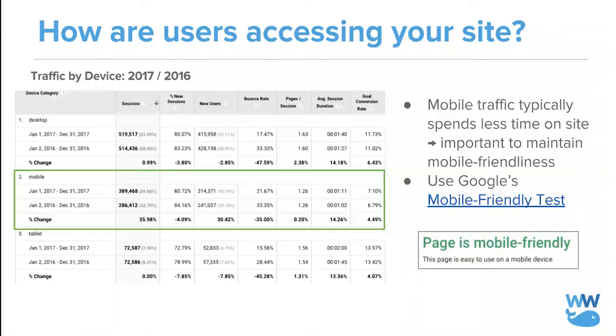But optimize any strategies you have for your site to meet the demands of those mobile users. A tool we really like is Google's Mobile Friendly Test, and this is a free service.